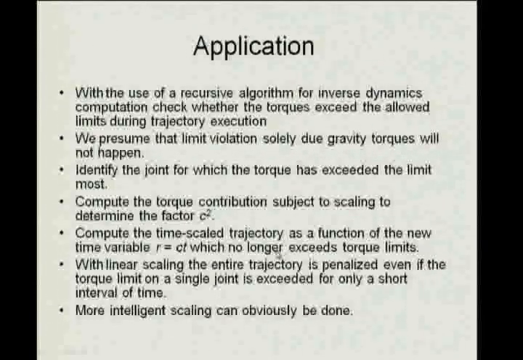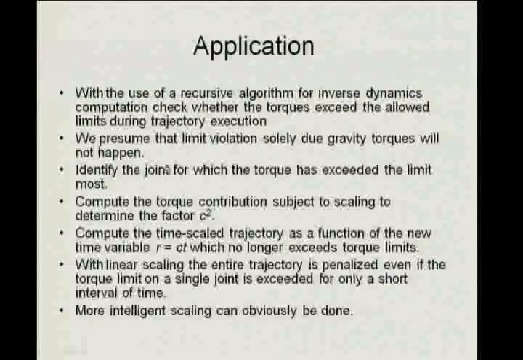So, what you do is you do the inverse dynamics, hopefully using a recursive algorithm because it is simpler. You check whether torque exceeds the allowed limits during trajectory execution. We presume that your motors are strong enough to at least take care of the gravity load. Okay. Then identify the joint for which the torque has exceeded the limit, and which has the severest violation.